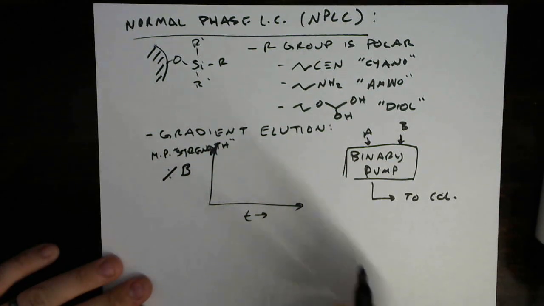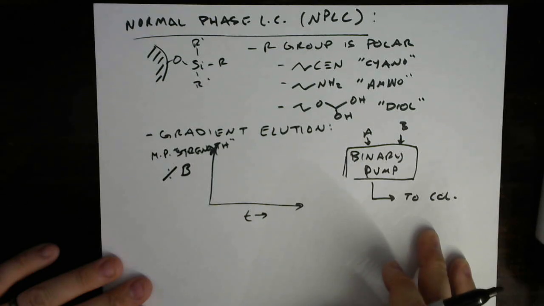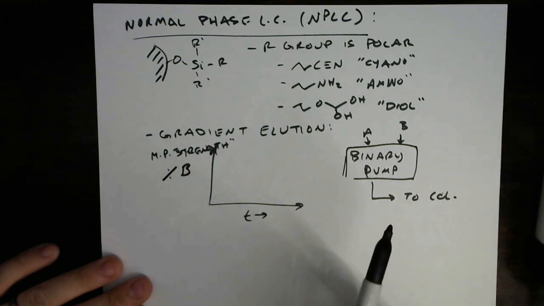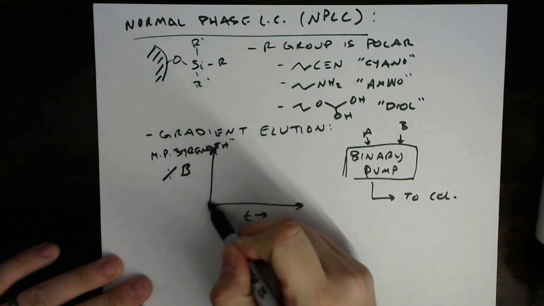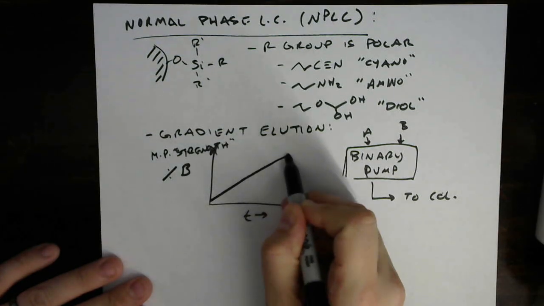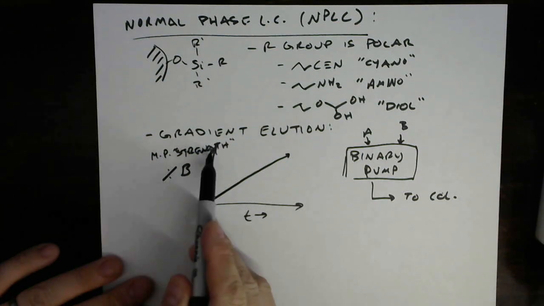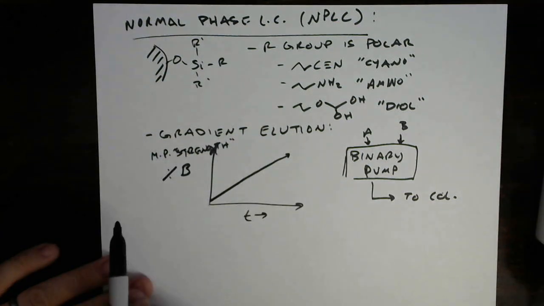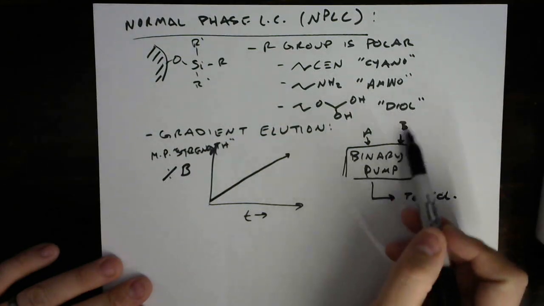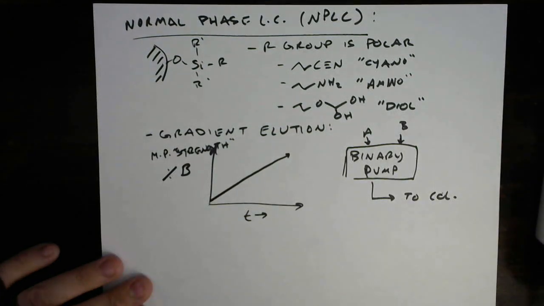A really basic gradient to do over time would be a straightforward linear gradient that looks something like that, right? So the mobile phase strength increases over time, or the percent B, the amount of solvent B being added into your flow, would increase over time.